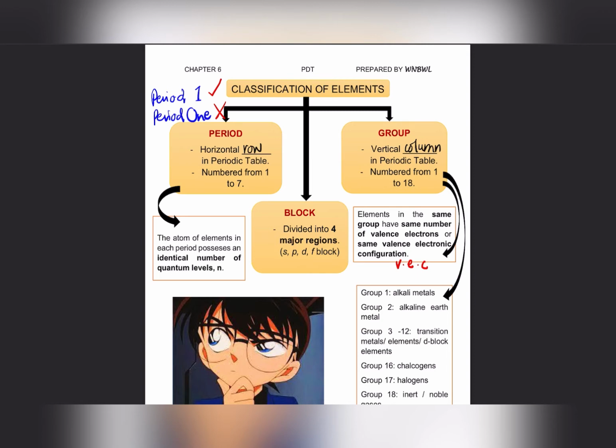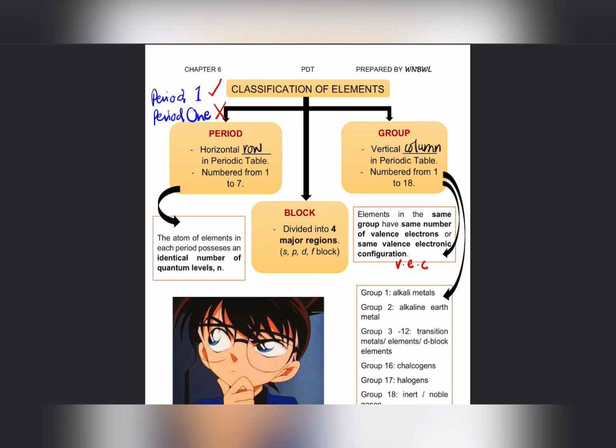Saya rasa semua orang tahu tentang valence electrons, how you want to determine the valence electrons. But in this case, when you do the electronic configuration, you have to refer to the valence electronic configuration to get the number of valence electrons. Nanti kita akan lihat beberapa contoh apa yang saya maksudkan dengan VEC. So daripada VEC, you know how to determine the number of valence electrons, and of course, you can determine the group for that element.